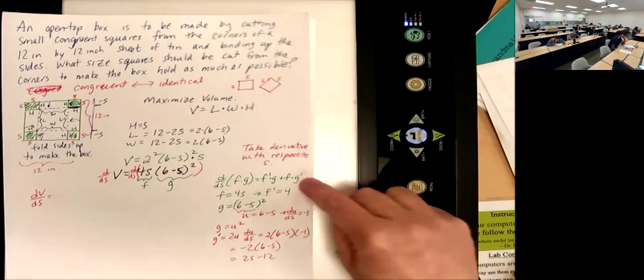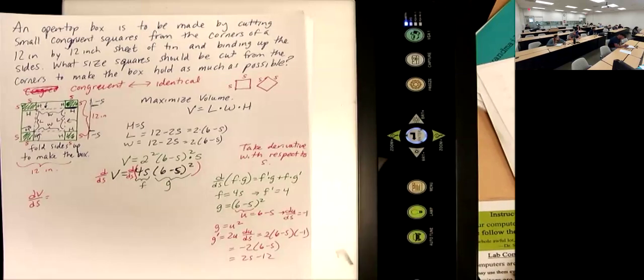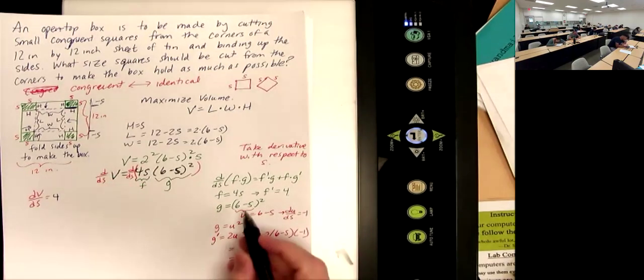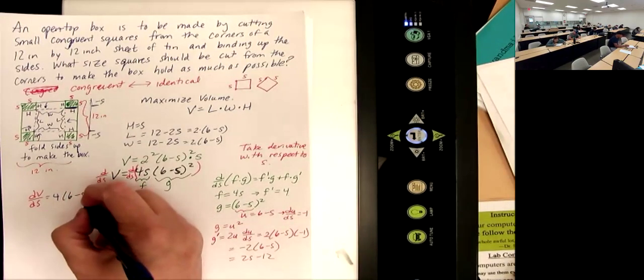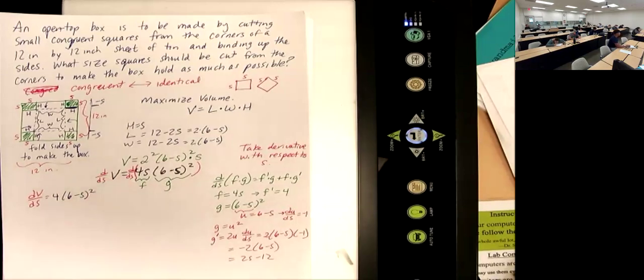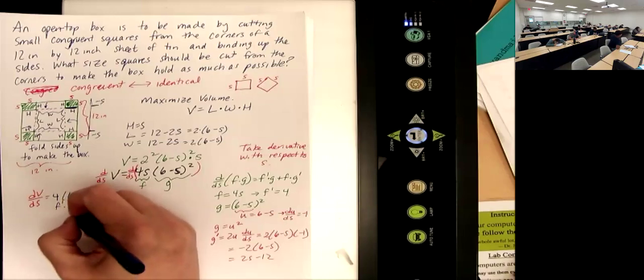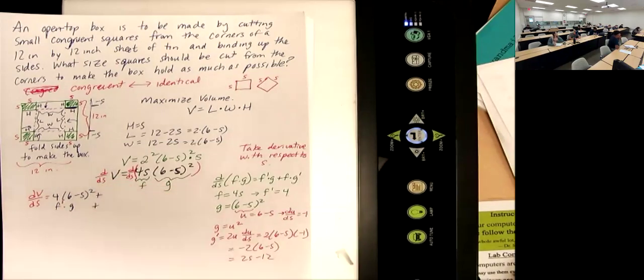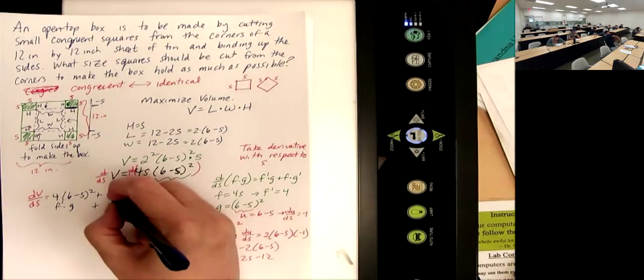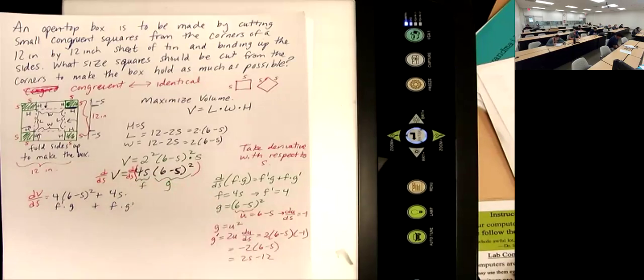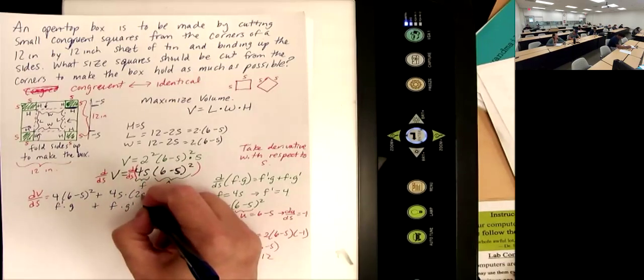So, we're doing this: f prime g. f prime was 4, g was 6 minus s squared. And then we have a plus. f was 4s times g prime, and g prime was 2s minus 12.